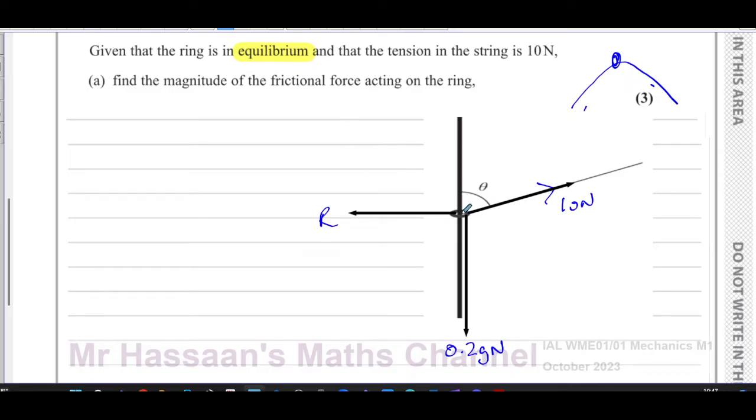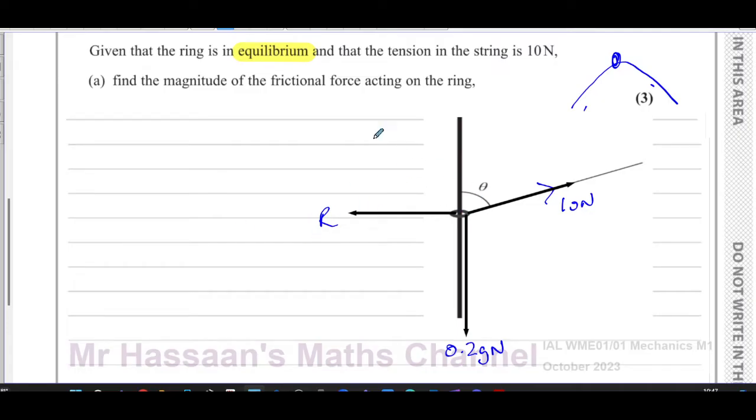So there's a tension acting in this direction, and the only other forces acting are the weight, which acts down, and the friction, which acts parallel to the surface, because friction acts in the direction of movement. It will either move up or down, for example. Then the only force with a horizontal component is this tension to the right, so the reaction must be to the left to balance it out.